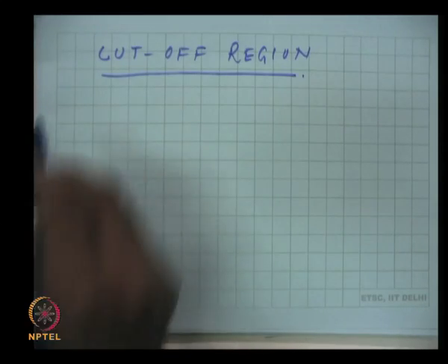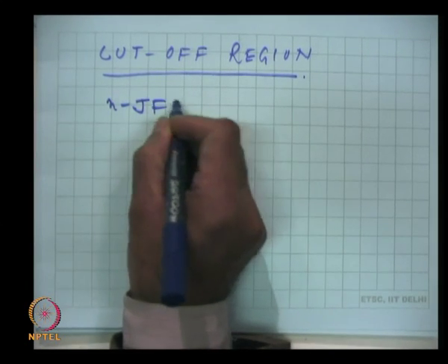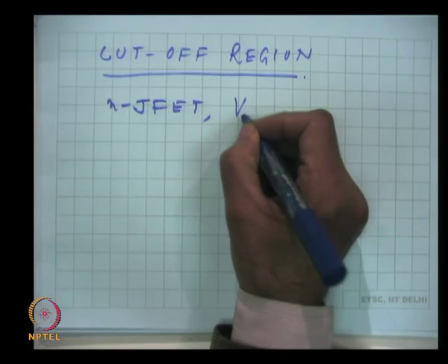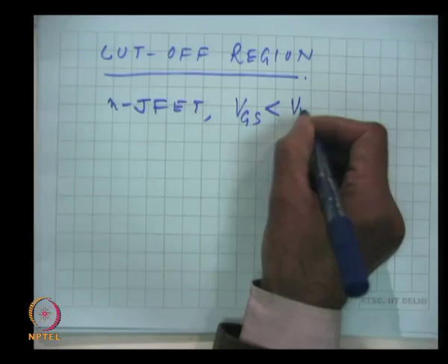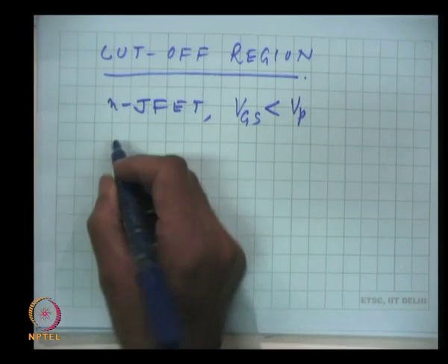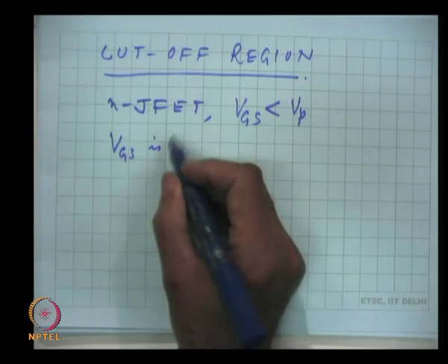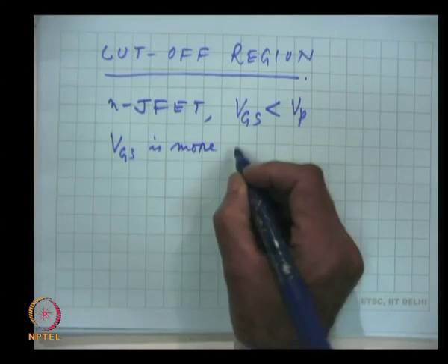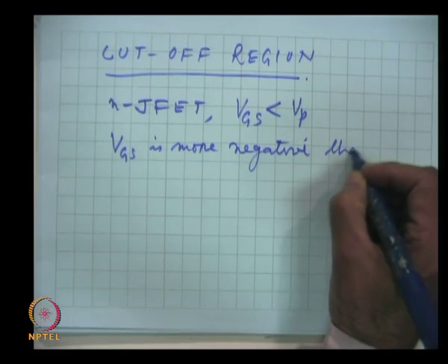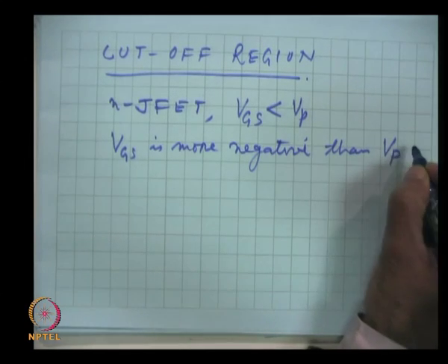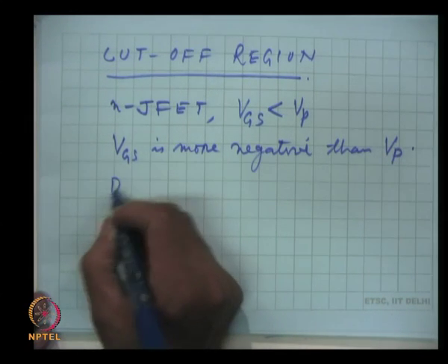So, for n type JFET, VGS is less than Vp, that means more negative than Vp, and in this case the drain current is 0.